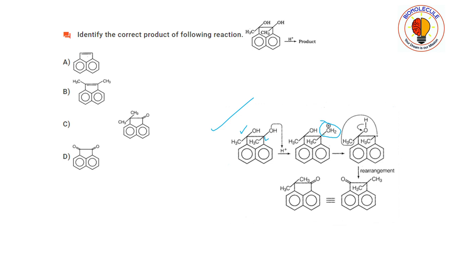Now this hydroxy group leaves as water, so you are ending up with this carbocation, and now methyl group migrates, that is rearrangement occurs, that is this C is forming. You just draw nicely and check with the answers which one is the right answer. So you can see this is the C, okay.